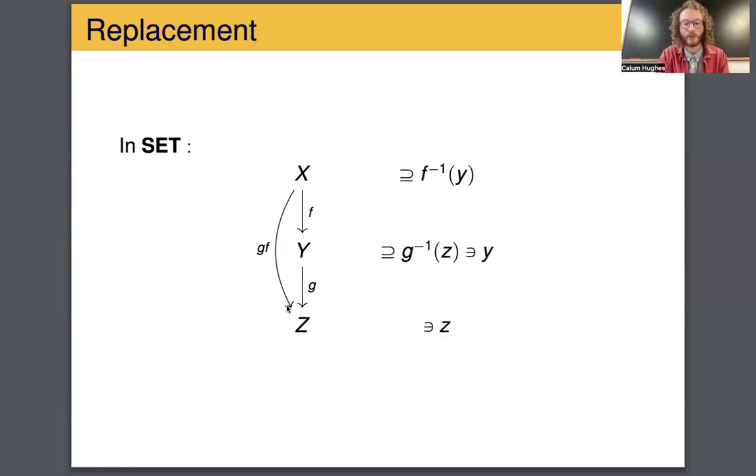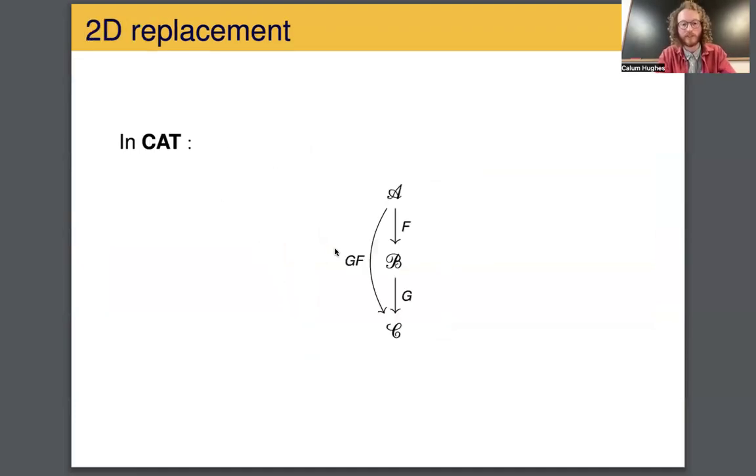So we had classes X, Y, and Z. And the point is that this version of the axiom of replacement is equivalent in Cat to the statement that small discrete vibrations are closed under composition. So if we have a small discrete vibration from A to B and a small discrete vibration from B to C, then the axiom of replacement implies that GF is also a small discrete vibration.